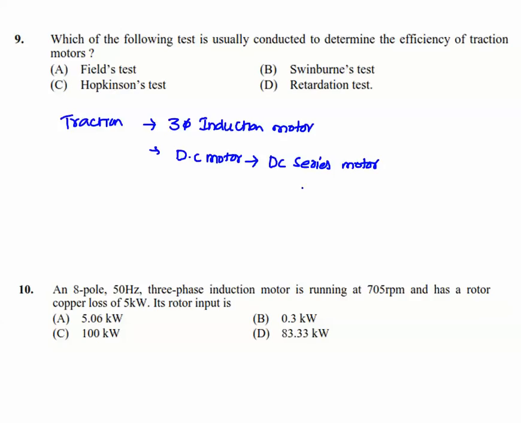In the given options, we need to find the efficiency of a DC series motor. Except the field test, Swinburne's test, retardation test, and Hopkinson test are used to find the efficiencies of DC shunt motors and compound motors. The only option left is the field test. So the field test is used to find the efficiency of DC series motors, that is traction motors.